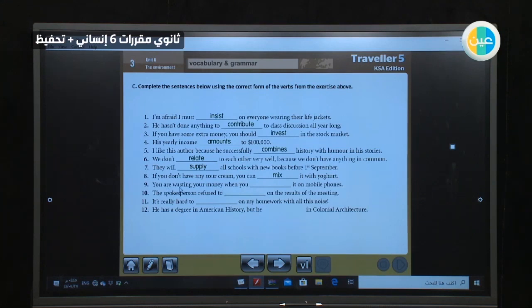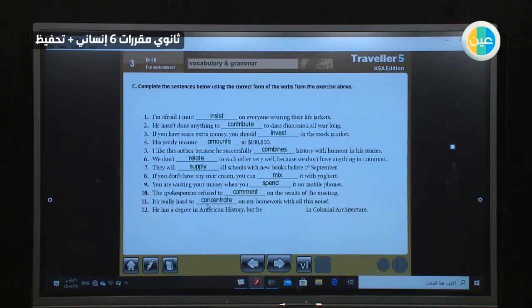You are wasting your money when you spend it on a mobile phone. The spokesperson refused to comment on the result of the meeting. Yes, comment on. It's really hard to concentrate on my homework with all this noise. You need to focus on your homework.